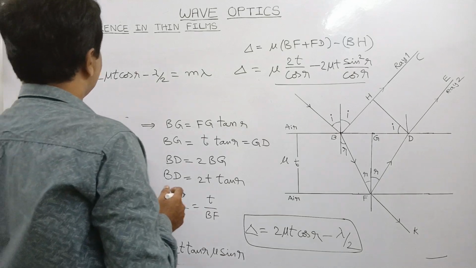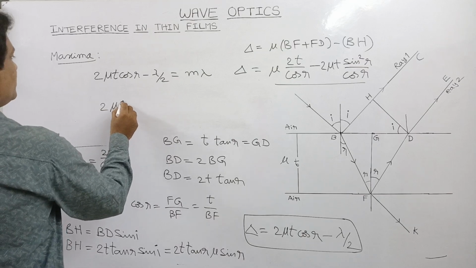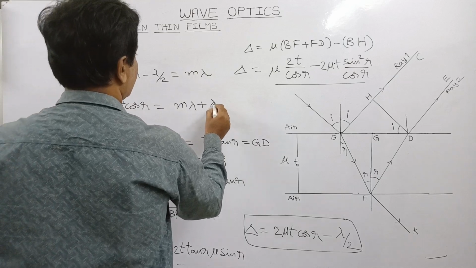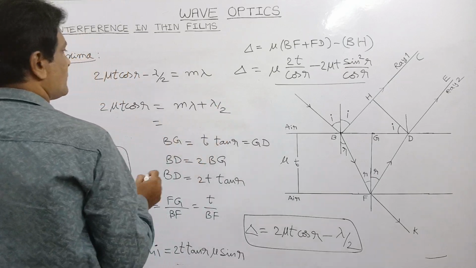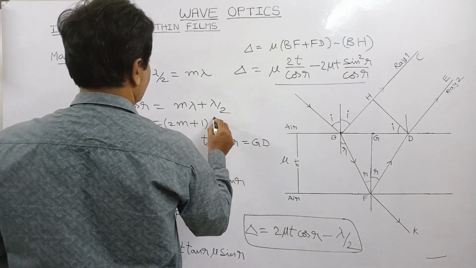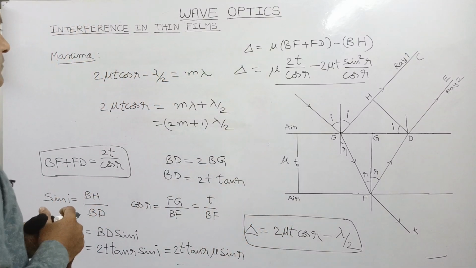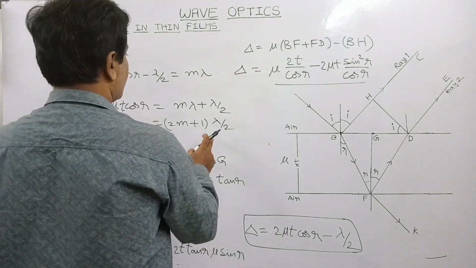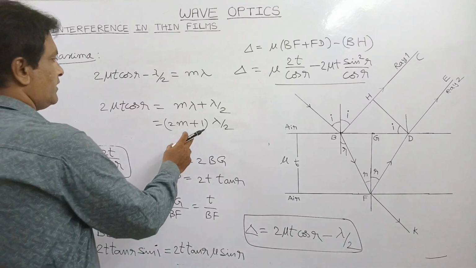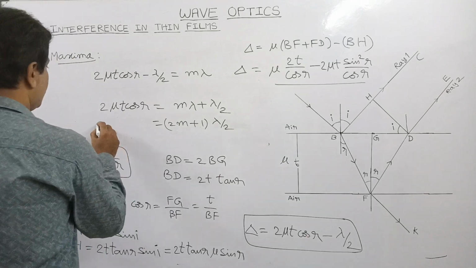This becomes 2 mu t cos r is equal to m lambda plus lambda by 2, so we can write (2m plus 1) into lambda by 2, taking lambda by 2 out.